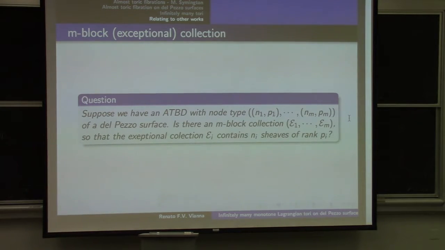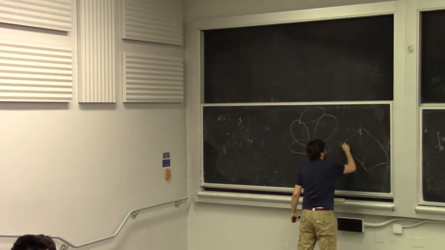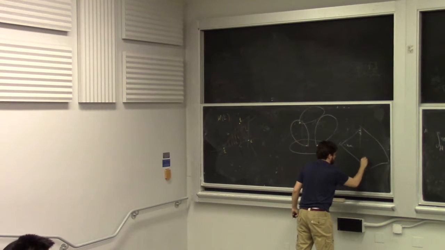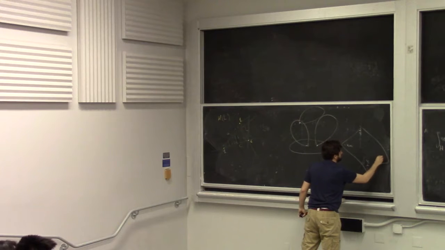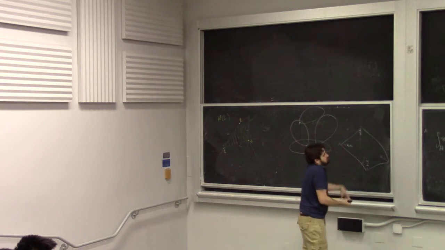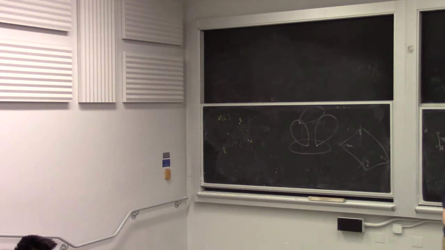And just to finish, since one question perhaps it should be obvious that each one of my almost toric fibrations, if the almost toric fibration had m size, m edges with some distributions of nodes, then in principle one would guess that there should correspond n block exceptional collections on the same del Pezzo surface.